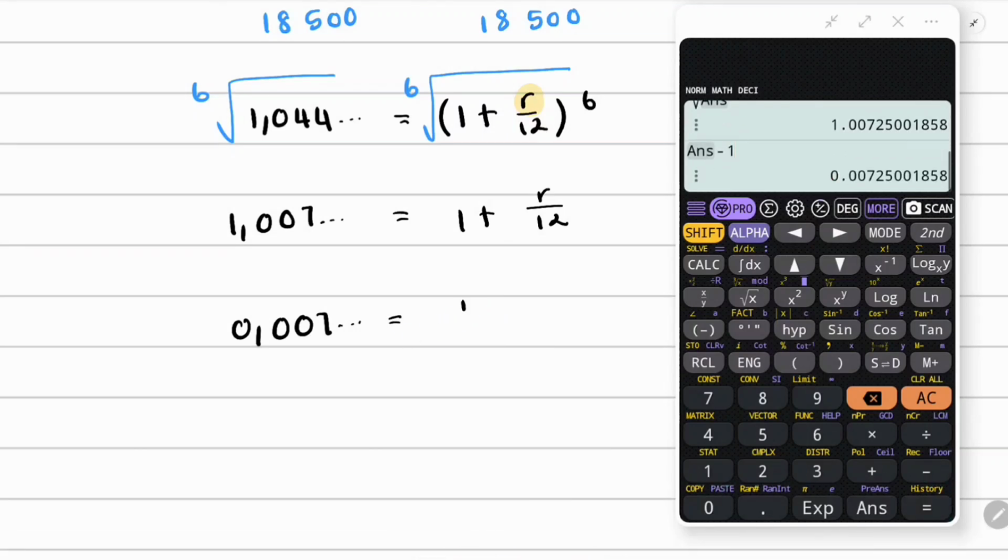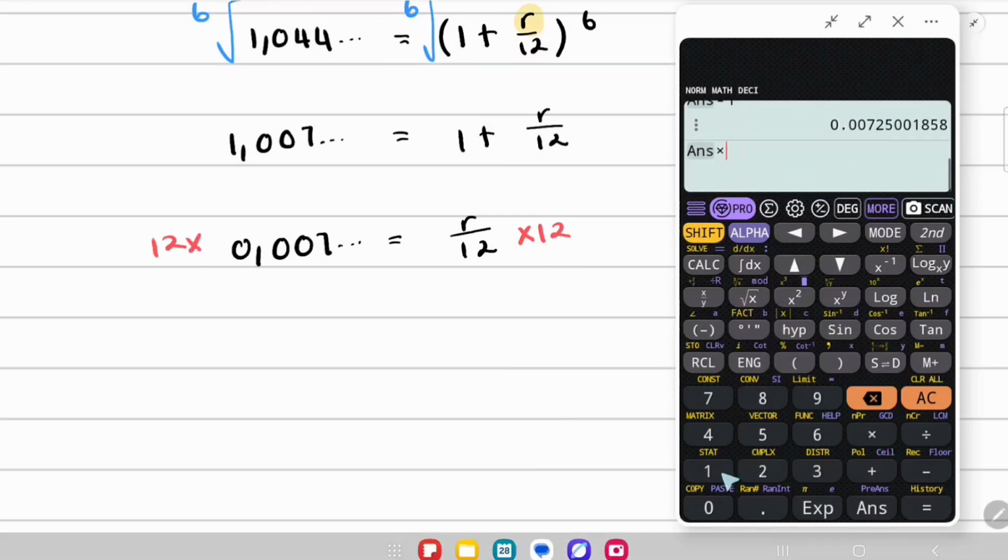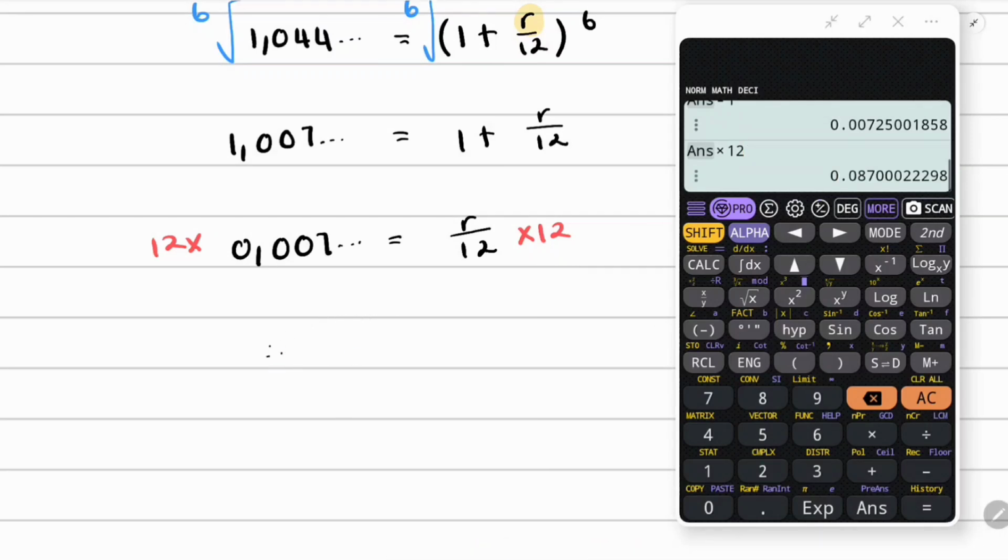And now we have R over 12, and we can get rid of the denominator of 12 by multiplying both hand sides by 12. So lastly, we take our answer and multiply by 12. And this is what we get. R is finally equal to 0.087 and it keeps going.